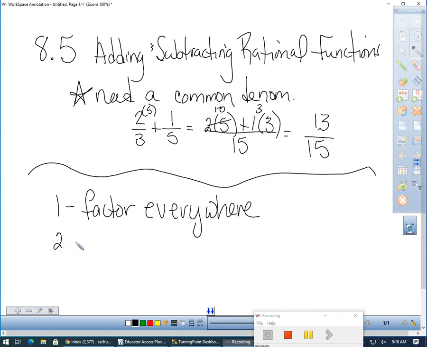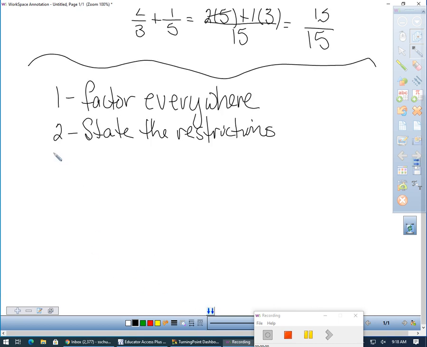Step 2, I want you to state your restrictions. And remember, restrictions are what makes the denominator 0. Step 3, I want you to find a common denominator.